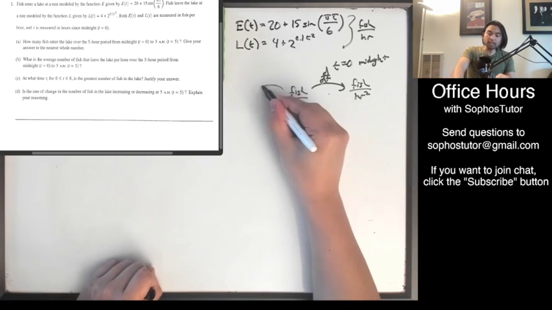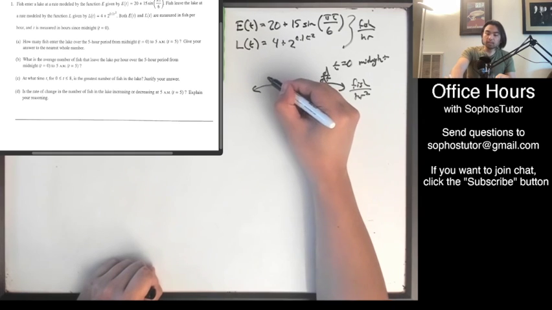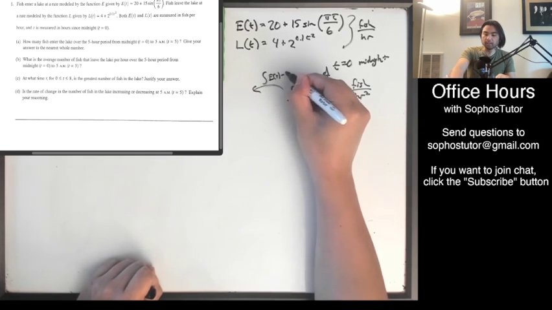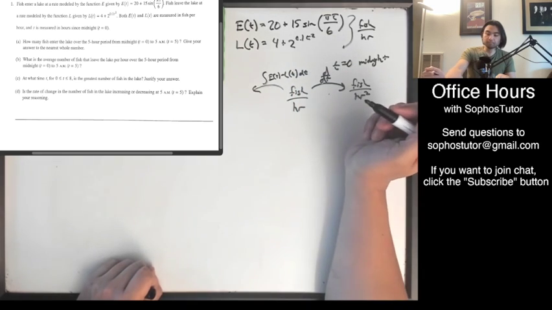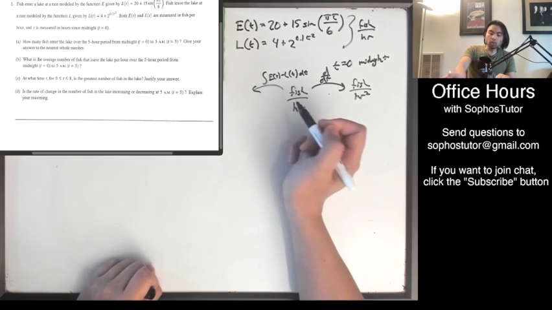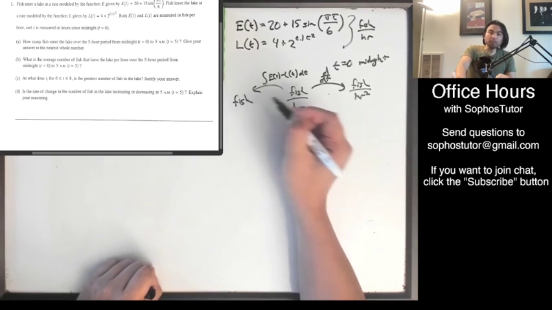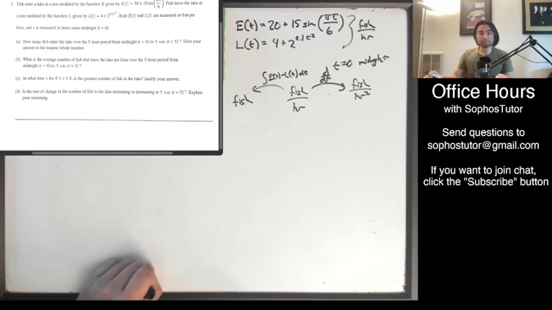Now, if we take an antiderivative, right? So the antiderivative of, in this case, E of t minus L of t dt, what we'll get is a unit of fish.